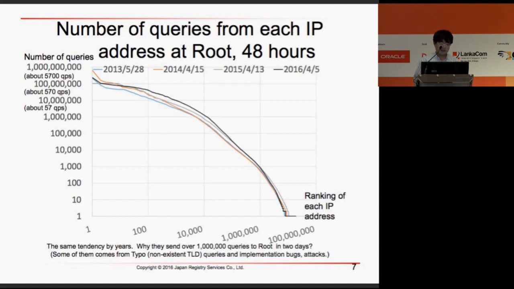Number one address sent 100 million or 800 million queries in 48 hours, a very large number. And the graph shows the same tendency across years. Why do they send over 1 million queries to root in 2 days? Some of them come from typo non-TLD queries, implementation bugs or DoS attacks.